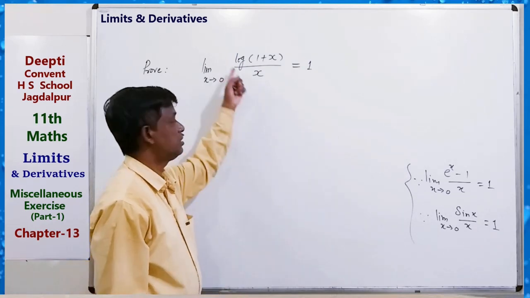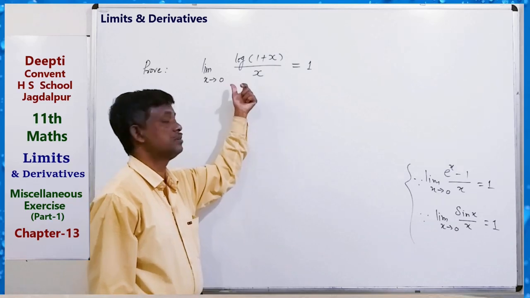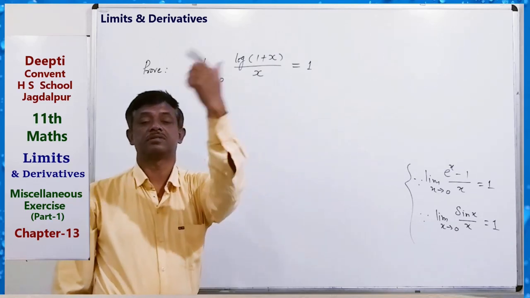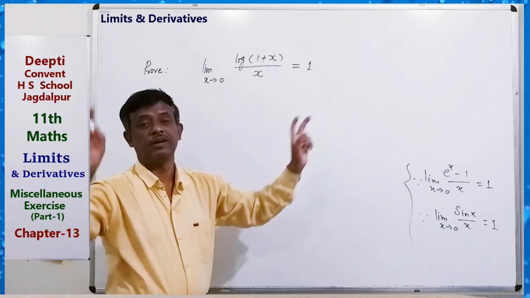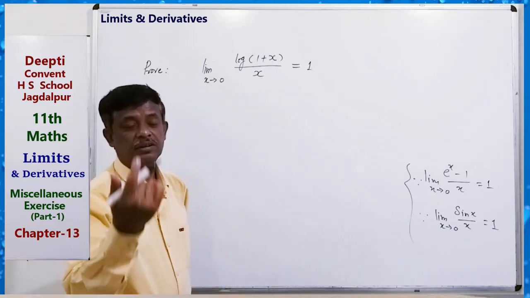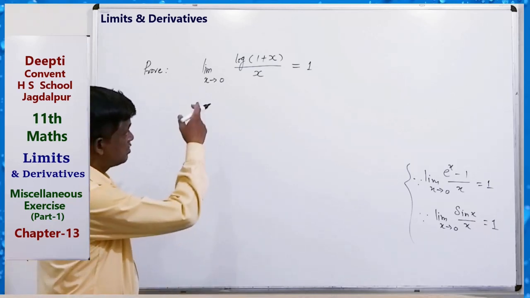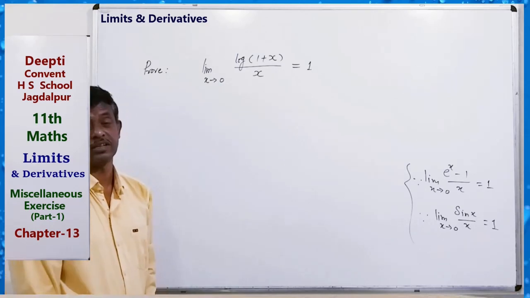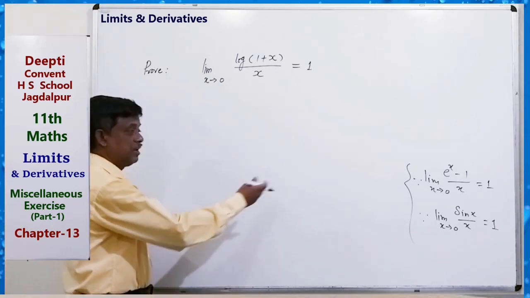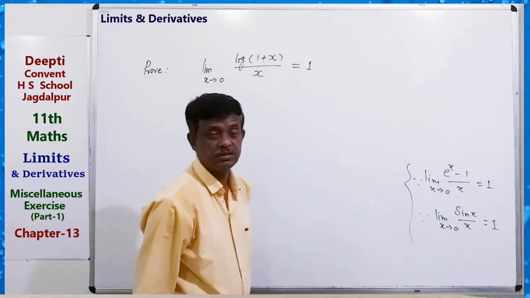The first term is x. Taking x common, the x's cancel out, and the first term is 1 and all the remaining terms contain x. Putting x equal to 0, all those terms vanish, and the first term equals 1. So that is the limit. But this limit can also be found by using the first formula, the e to the power x formula.